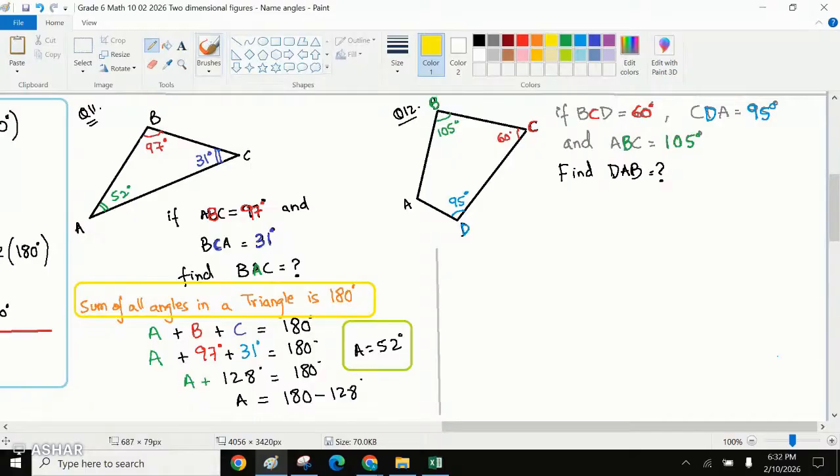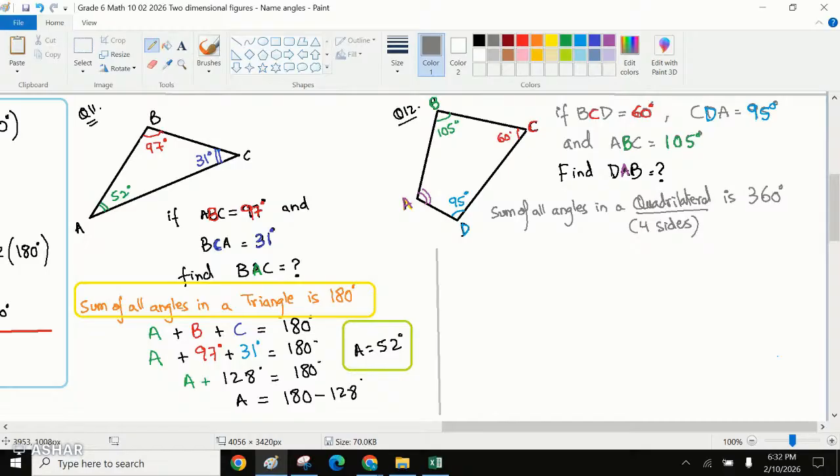If we have to find angle A, we can say the sum of all angles in a quadrilateral, a shape with four sides, is always 360.